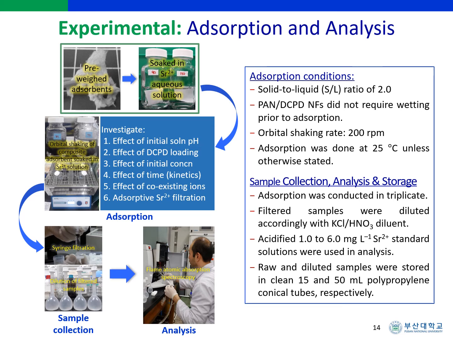Equilibrium adsorptions were conducted at different initial strontium concentrations of 10 to 500 ppm. The effect of initial concentration on the removal efficiency was evaluated using an equation that will be discussed later. Kinetic uptake studies were also conducted under the same conditions, but with initial concentration at 10 mg per liter.